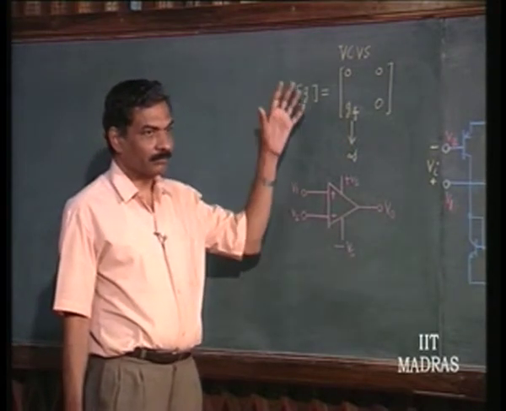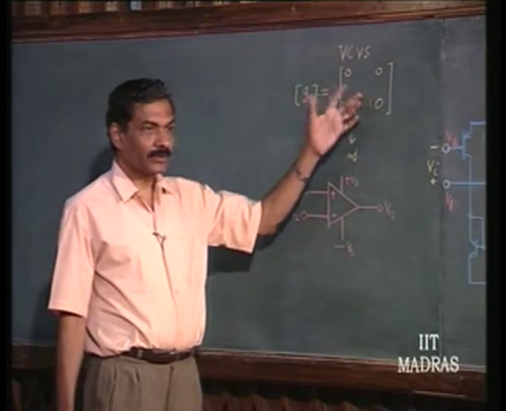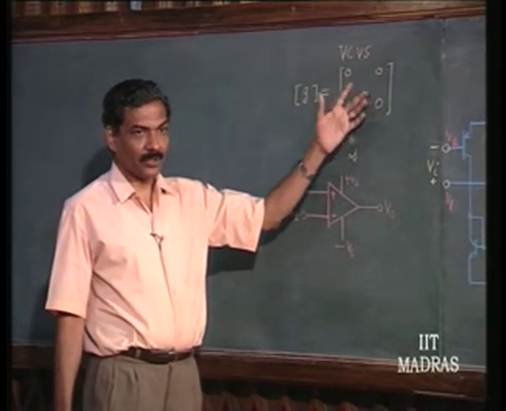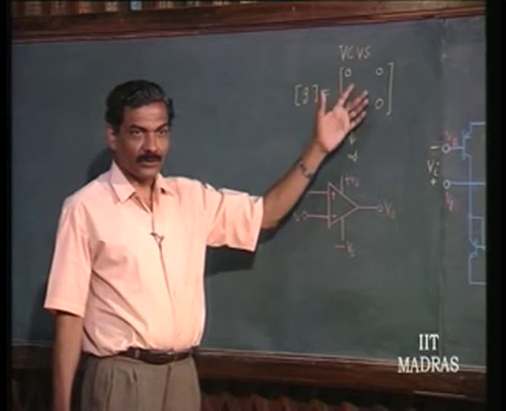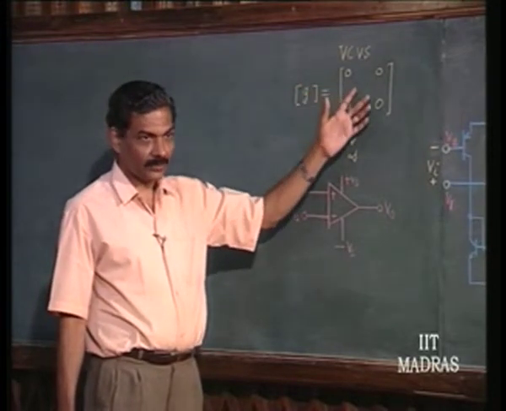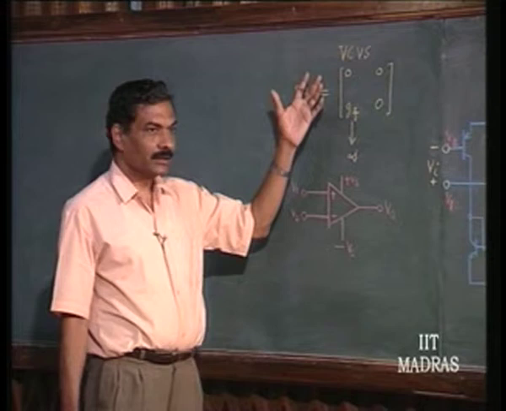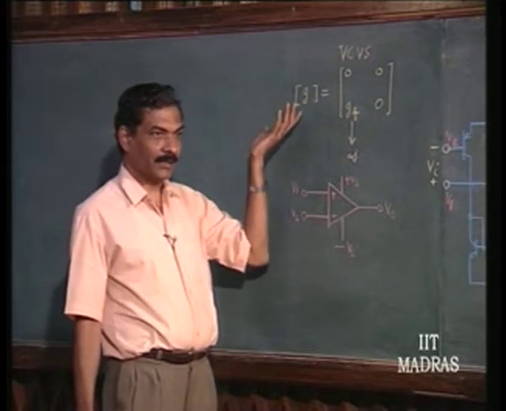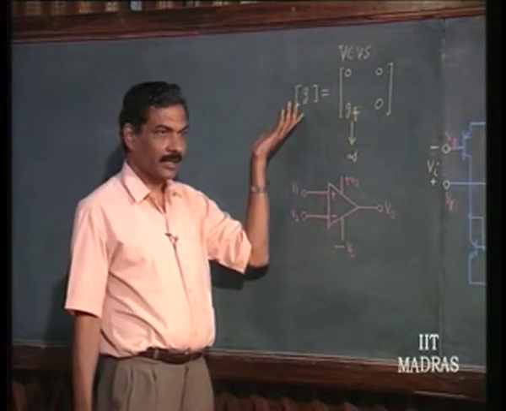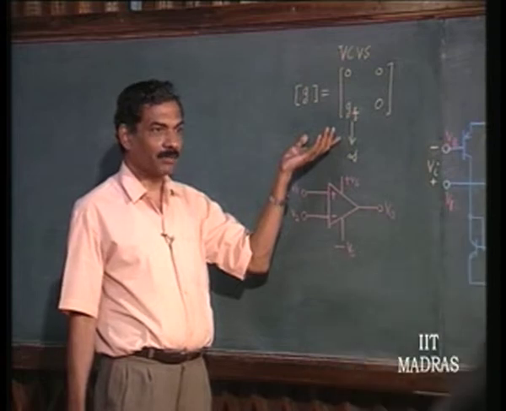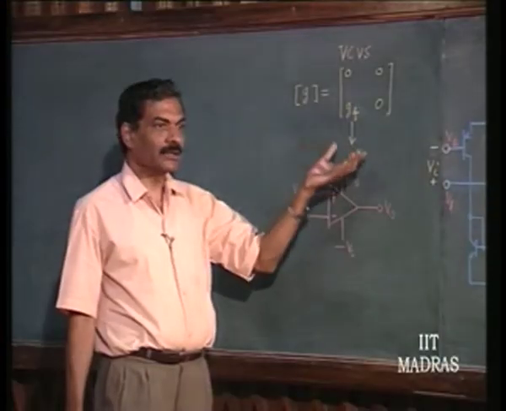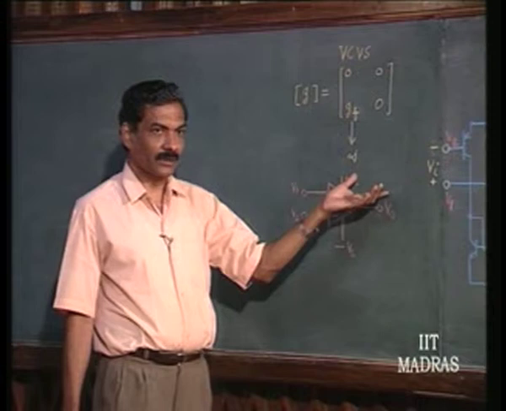whether it is starting from voltage controlled voltage source or current controlled current source or current controlled voltage source or voltage controlled current source. One must start with the corresponding idealized matrix, okay, and make the corresponding forward transfer parameter go towards a very high value or go towards infinity.